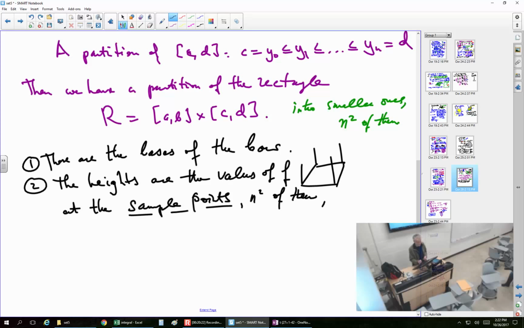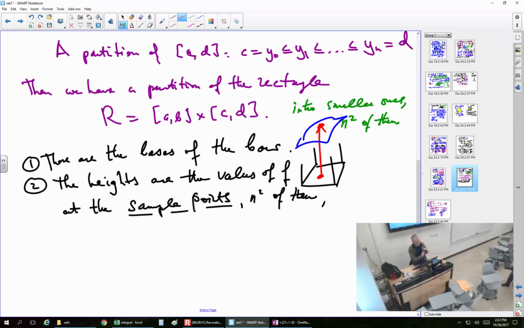They are indexed. So once again, I'm putting a point somewhere within each of the rectangles, and then I find the height by going up to the surface, our function. That's how I find the height. Just like in dimension 1, we would go from the sample point in the interval and go until we cross the graph of the function, which is a curve.